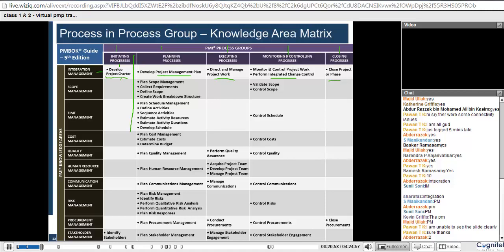So we would be looking at this matrix card before we start any process, and we would see that this is where we are, or this is the process we are looking at, and it would keep reminding you which knowledge area this process comes from and which process group it belongs to. So this is what we have to cover in the next sessions, all 8 sessions.